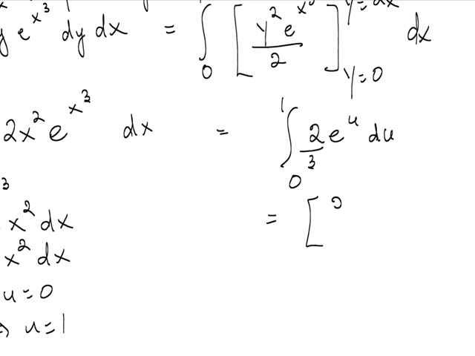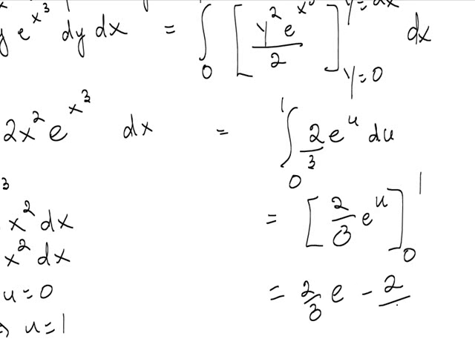When we integrate, we get 2/3 e to the u, the same thing, from 0 to 1. Substitute, and you get 2/3 e minus 2/3. Done. So that's the first one.